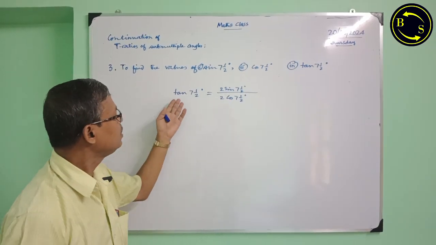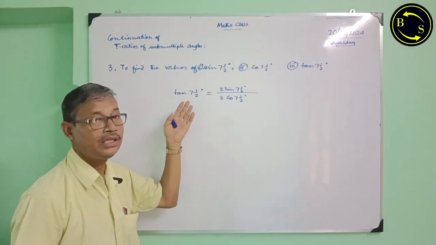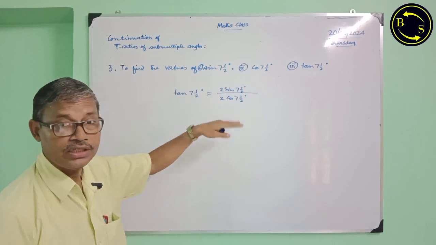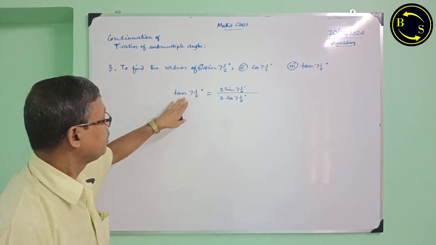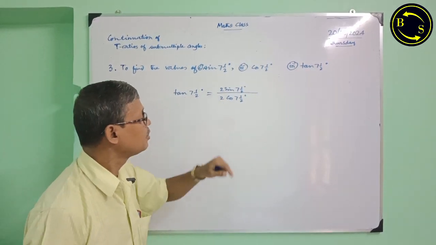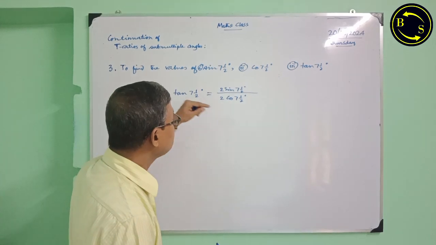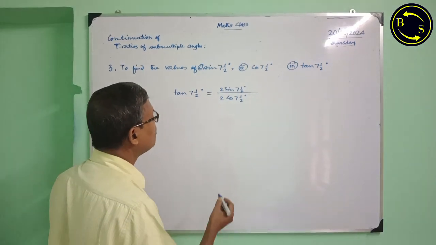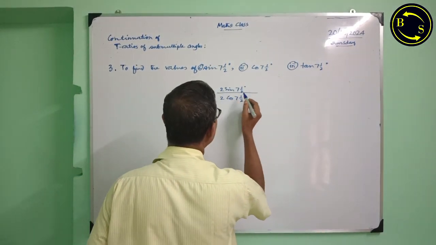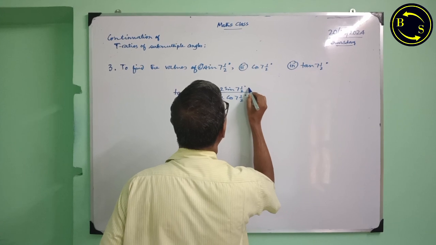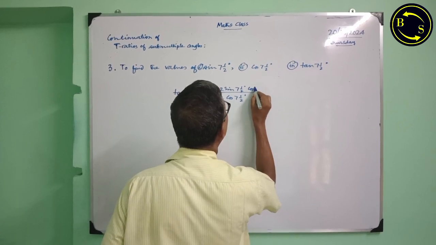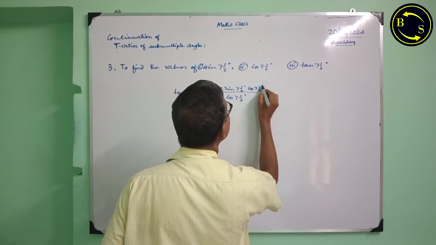Also we can find the value of tan 7.5 degree by using this technique. Tan theta, that means sin theta by cos theta, we multiply the numerator and denominator by 2 cos 7.5.